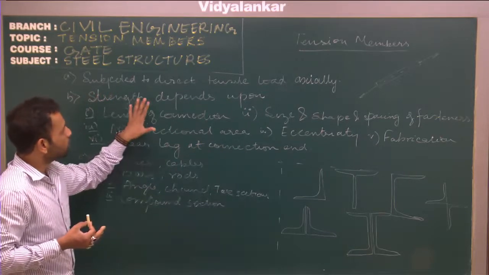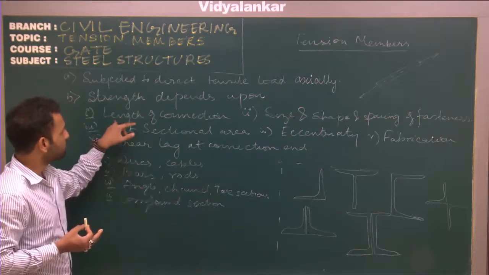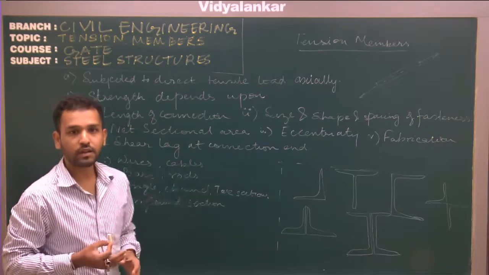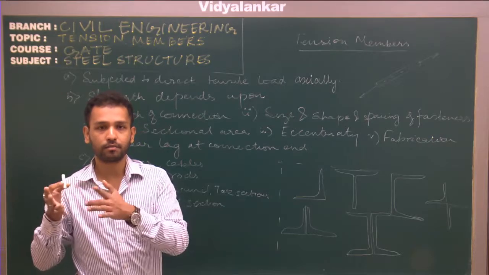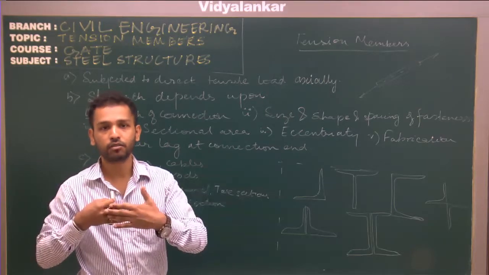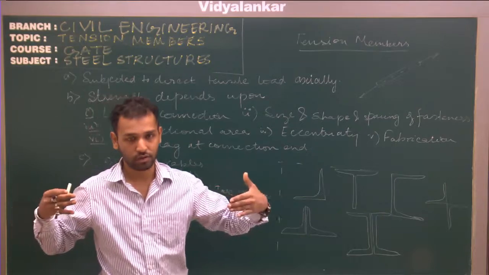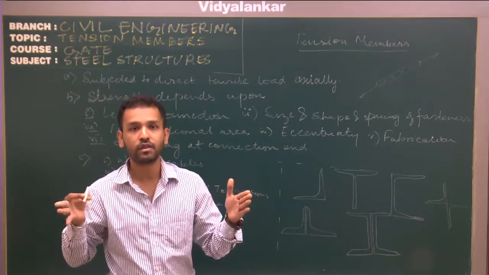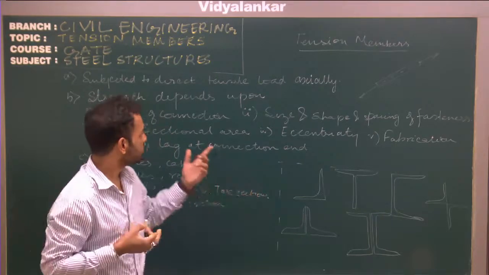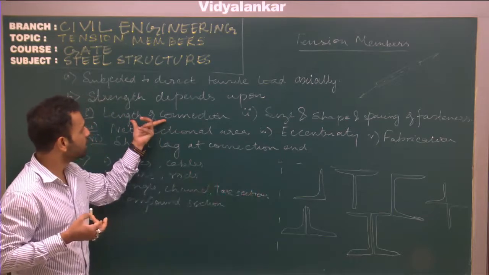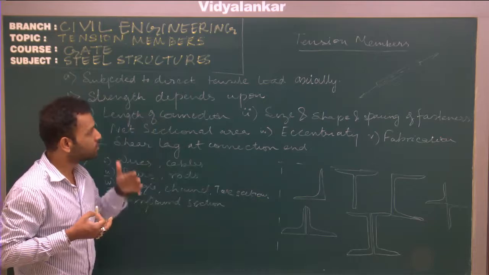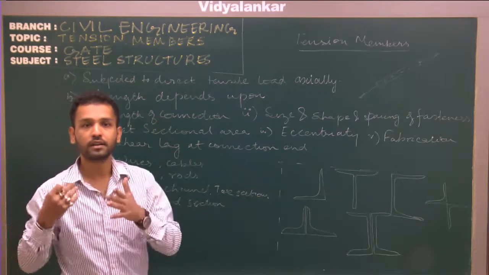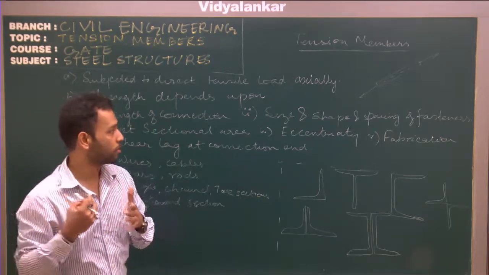So the first point, the strength of a tension member depends upon the length of the connection. The length of the connection means, suppose a member, an angle or a plate, is connected to another plate and is subjected to a tension force. The total length of the connection gives you the meaning of the length of the connection. If the length of the connection is more, the tension strength of the member will be more.